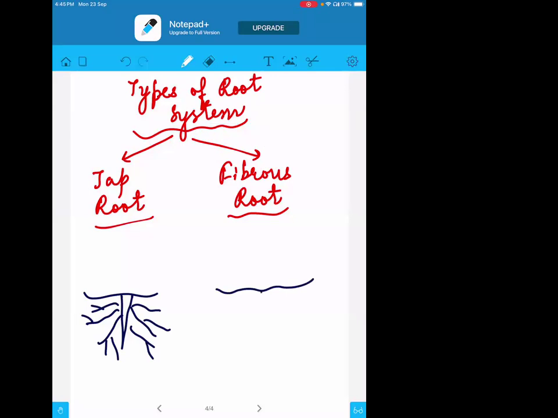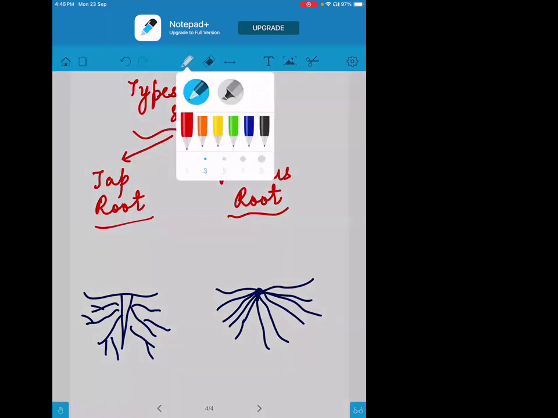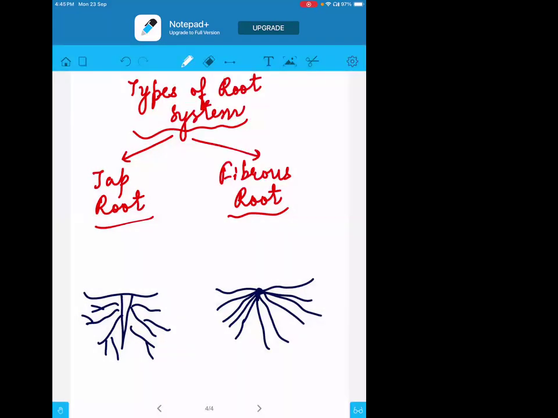Whereas in the fibrous root, from the center point itself, many roots come out. Secondary roots, yes, they are also called secondary roots. So in the fibrous root, we cannot identify which is the main root. In the tap root, there will be a central main root, also called the primary root.